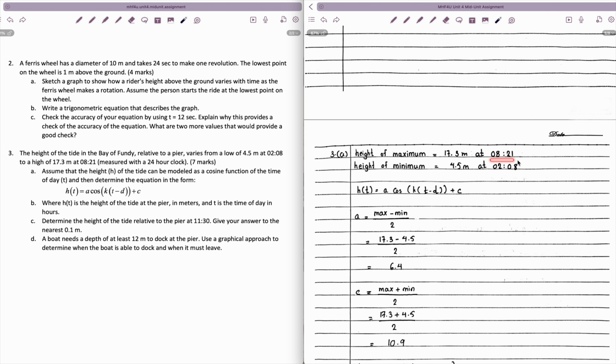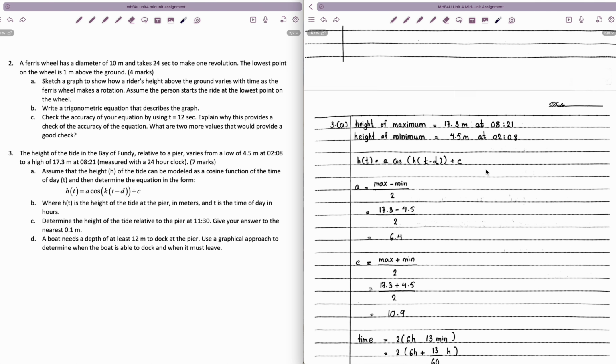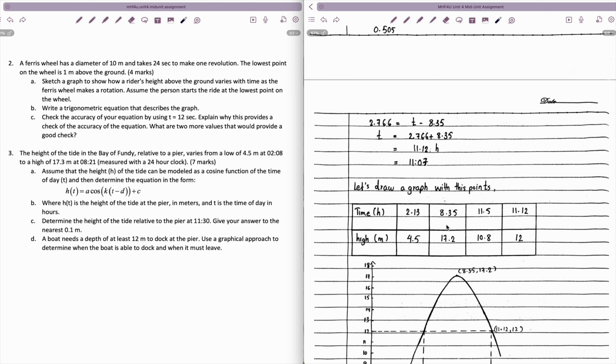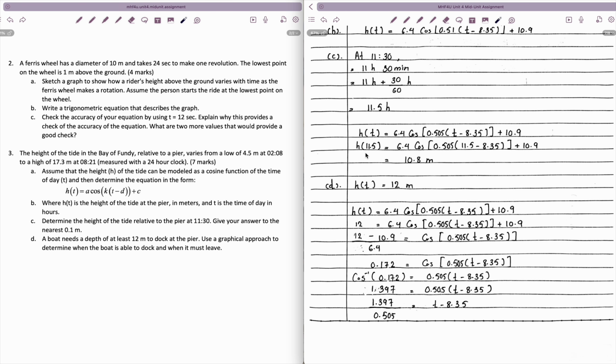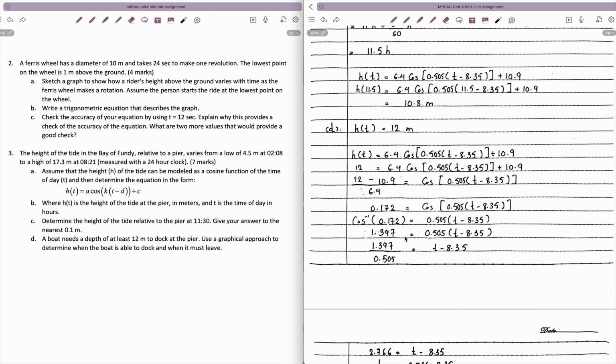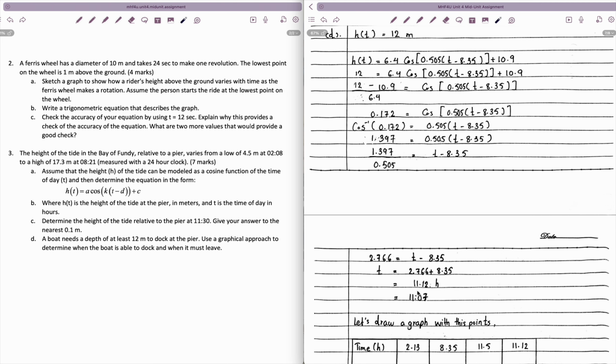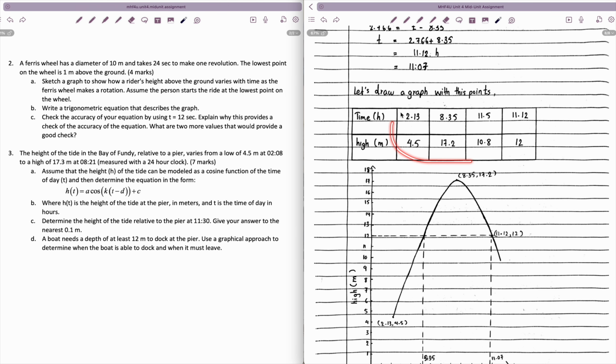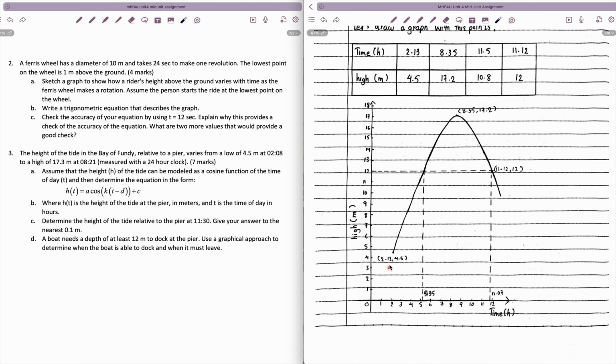At 8 hours 21 minutes, converted to hours, the time is 8.35 and the height is 17.2. At t equals 11.5 hours the height is 10.8 meter, and at t equals 11.12 hours the height is 12 meter. So using the points, we draw the graph.